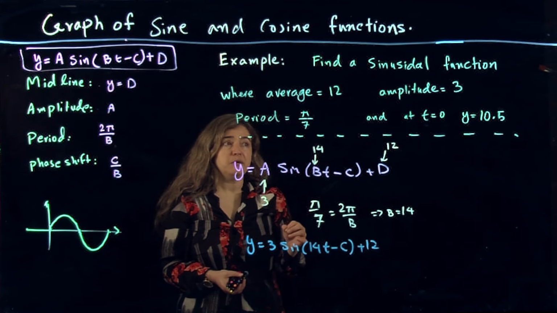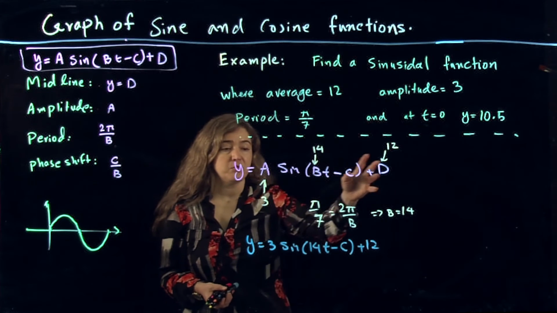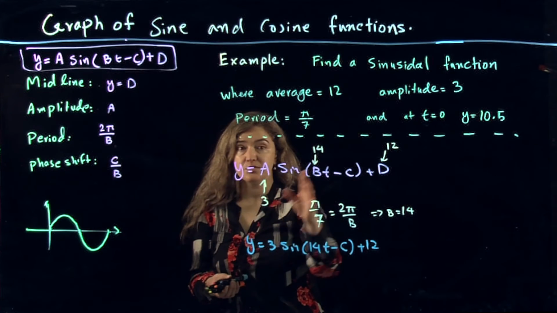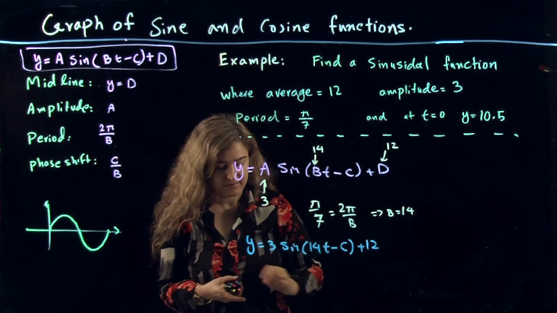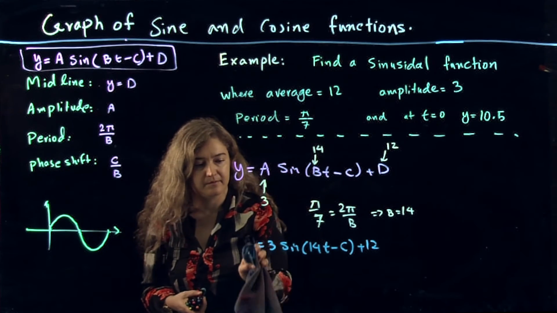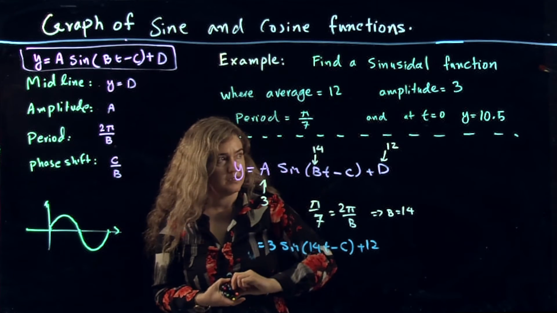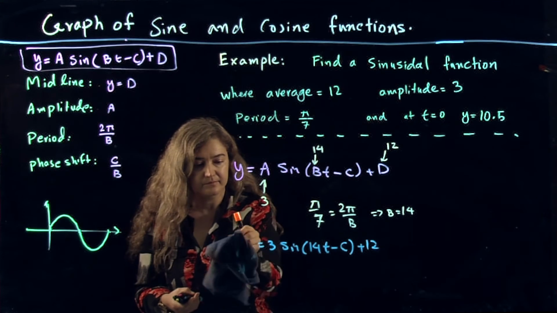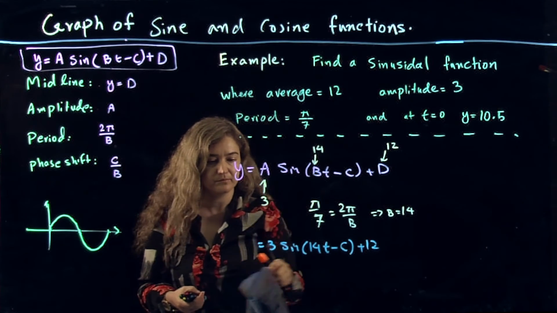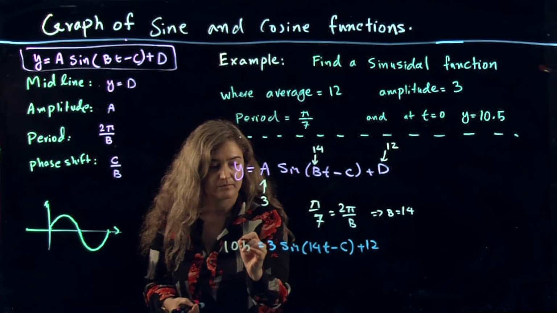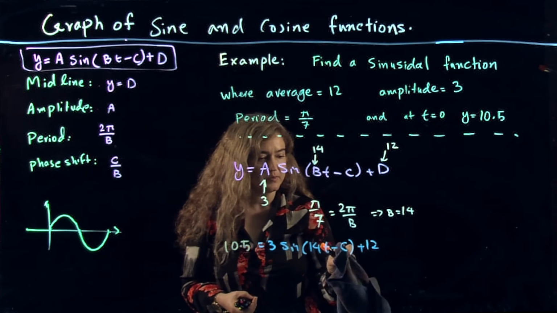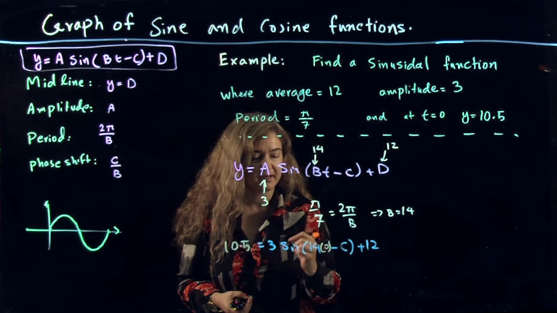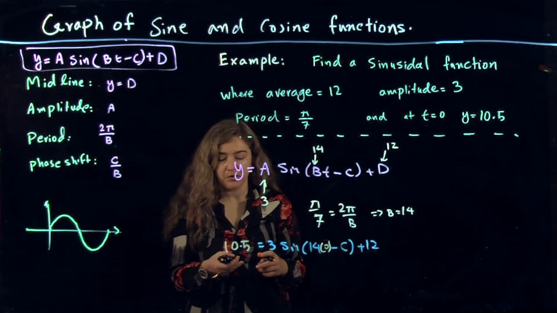Now, if I plug in t equal to 0 in here, y is supposed to be 10.5. And this one is supposed to be 0.